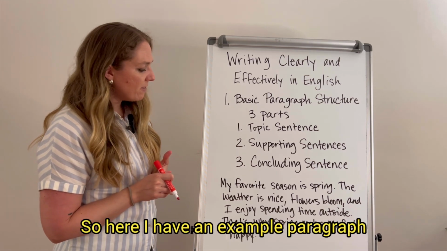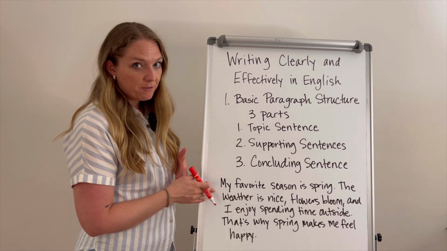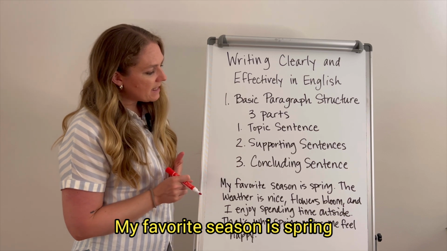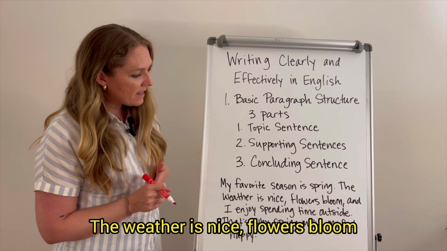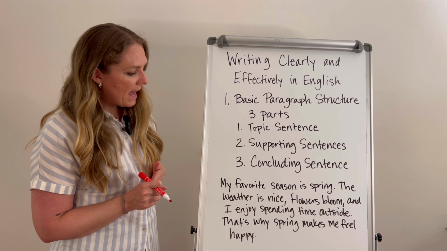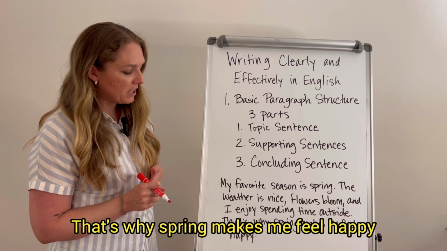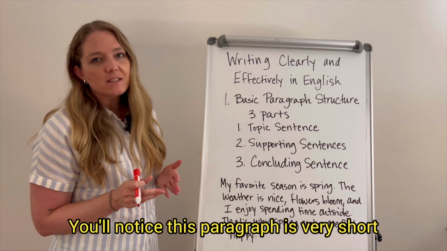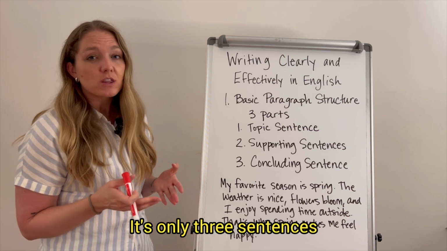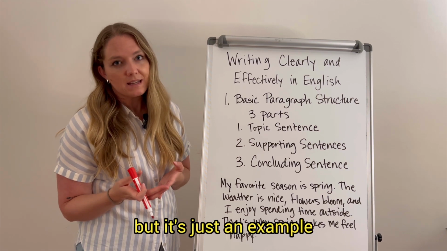So here I have an example paragraph. My favorite season is spring. The weather is nice, flowers bloom, and I enjoy spending time outside. That's why spring makes me feel happy. You'll notice this paragraph is very short. It's only 3 sentences, but it's just an example.